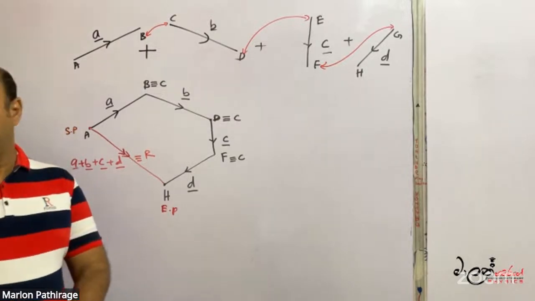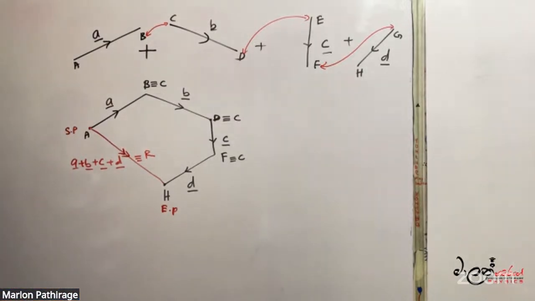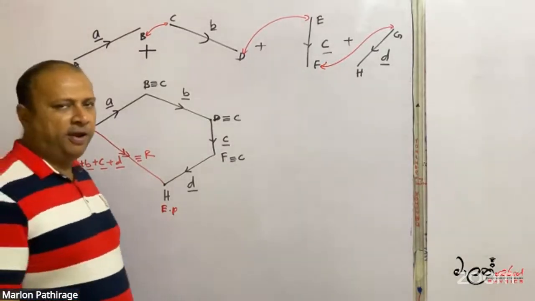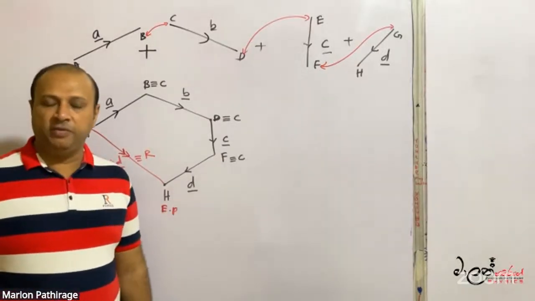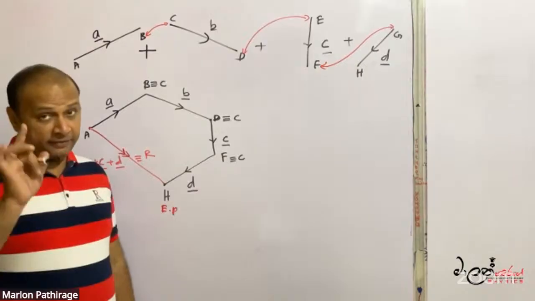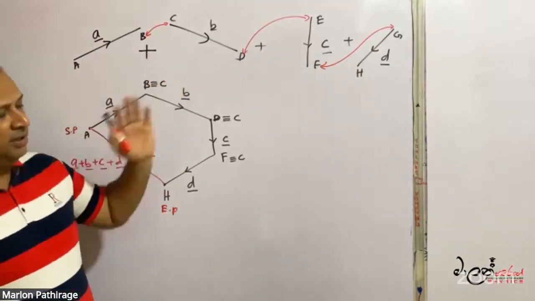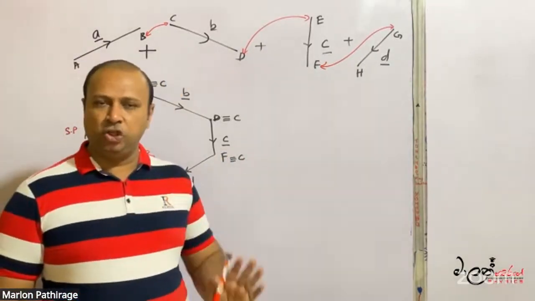Okay, look at this one. When you add a vector system using the vector addition principle, the first thing is that those vectors should be represented geometrically.